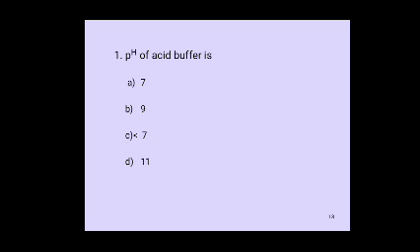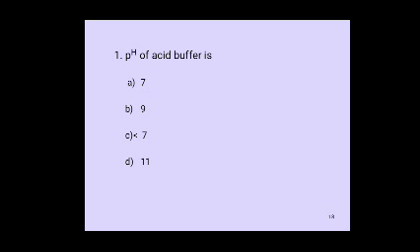A, 7: pH is 7, a neutral solution. B, 9: pH is more than 7, a basic solution. Option D is also a basic solution.